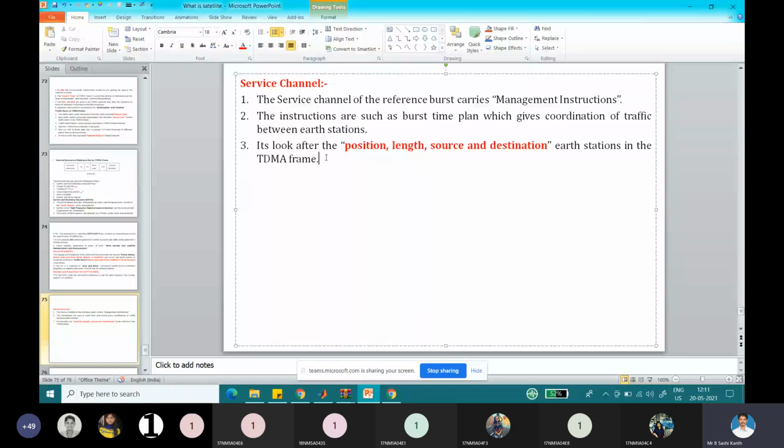The next point here is that it looks after the channel monitoring and control of the information of the traffic stations.